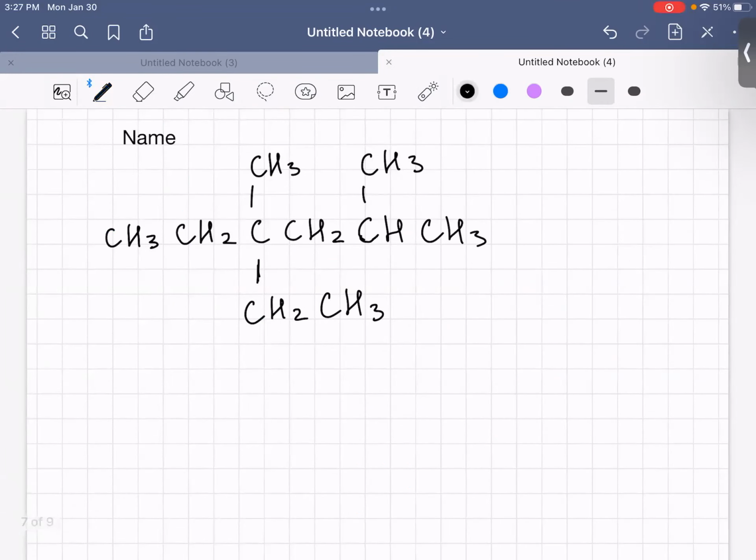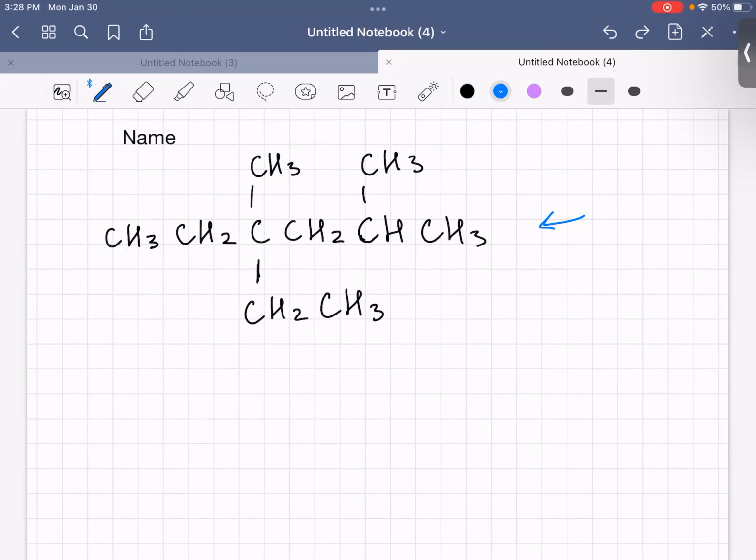Okay, so now we need to name this compound. So first thing we need to do is to number our carbons. So we're going to be numbering them from this end because if you look at this here, there's 1 carbon, 2nd carbon, 3rd carbon, and on the 3rd carbon we have some functional groups.